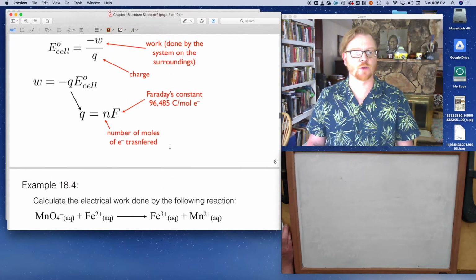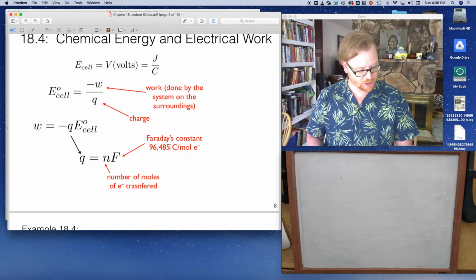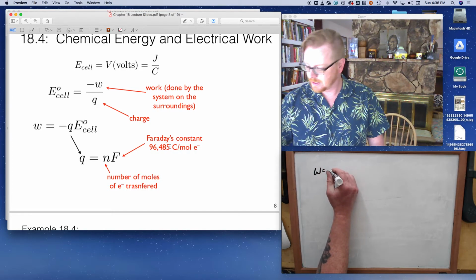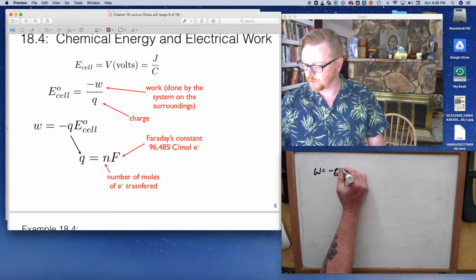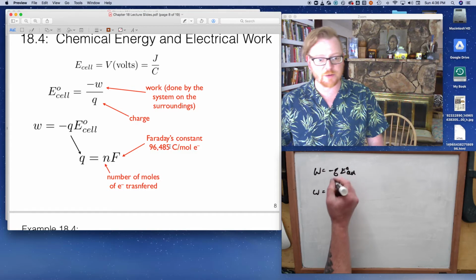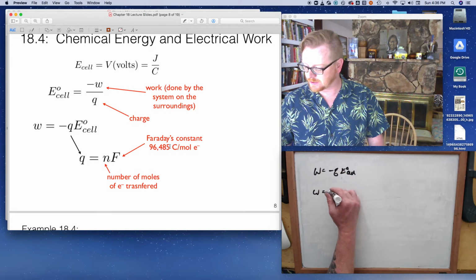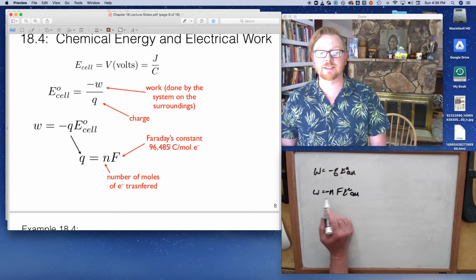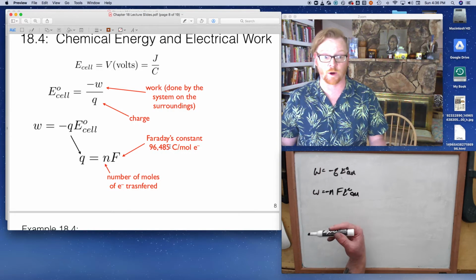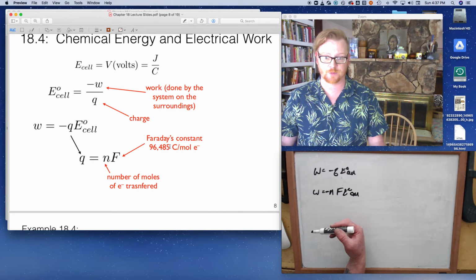For example, in this equation, we know that work is negative Q times the cell potential. If I plug in that Q is n times F, with a negative sign, times E cell, we can see that the number of moles of electrons does change the amount of work that we do.